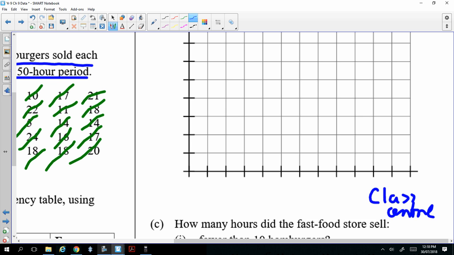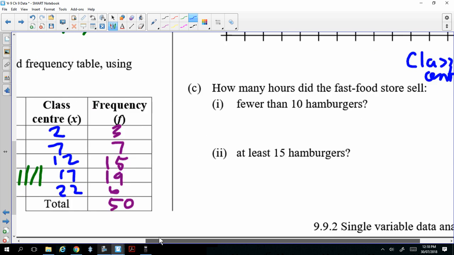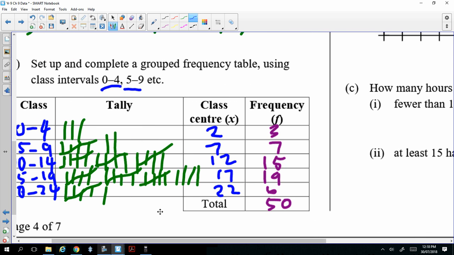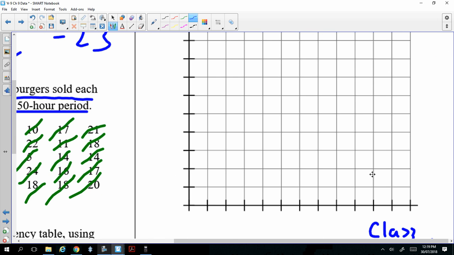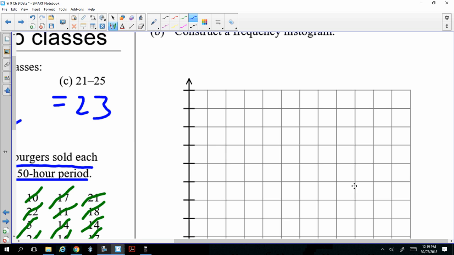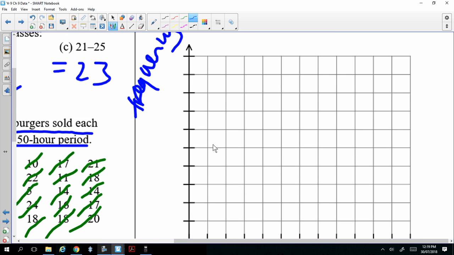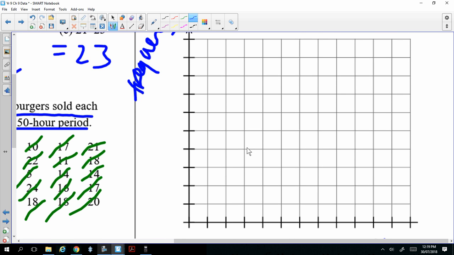All right, okay, let's go back there. All right, good. Okay, continuing. Class center, and you've got the frequency here. So what was the highest frequency? 20, isn't it? So you go up by 2. 24 is the highest?